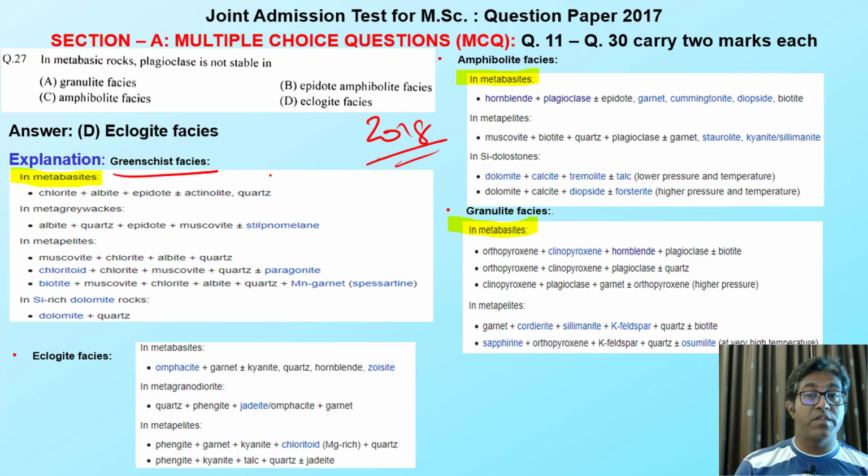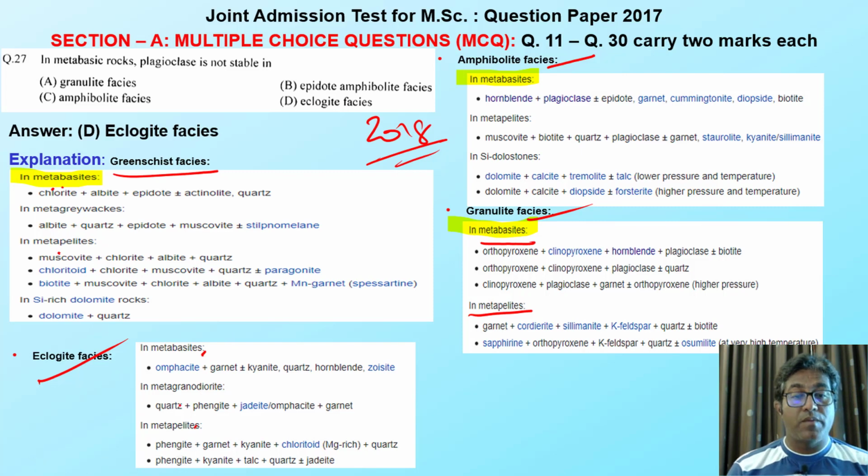Here you have greenschist facies, amphibolite facies, eclogite facies or granulite facies. In every facies I have metabasites and metapelites.